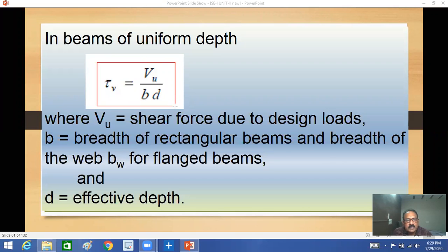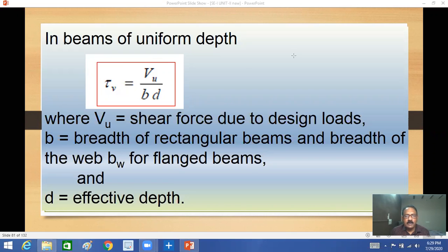See, tau v is the nominal shear stress due to design loads. b is the width of your rectangular beam, the width of the web is bw for flanged beams, and d is the effective depth. So this is one of the important formulas.